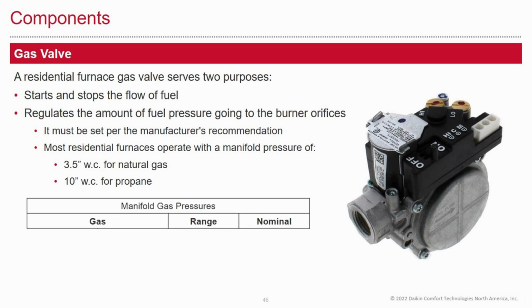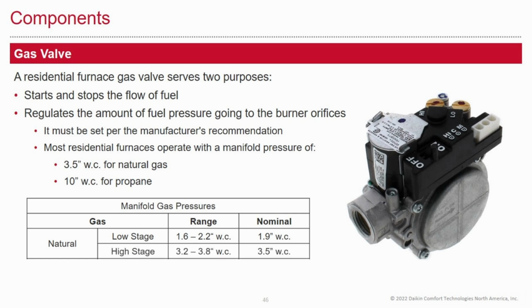Manifold pressures for natural gas, on low stage, the range is 1.6 to 2.2 inches of water column. Nominal is 1.9 inches of water column. High stage, 3.2 to 3.8 inches of water column. Nominal, 3.5 inches water column.